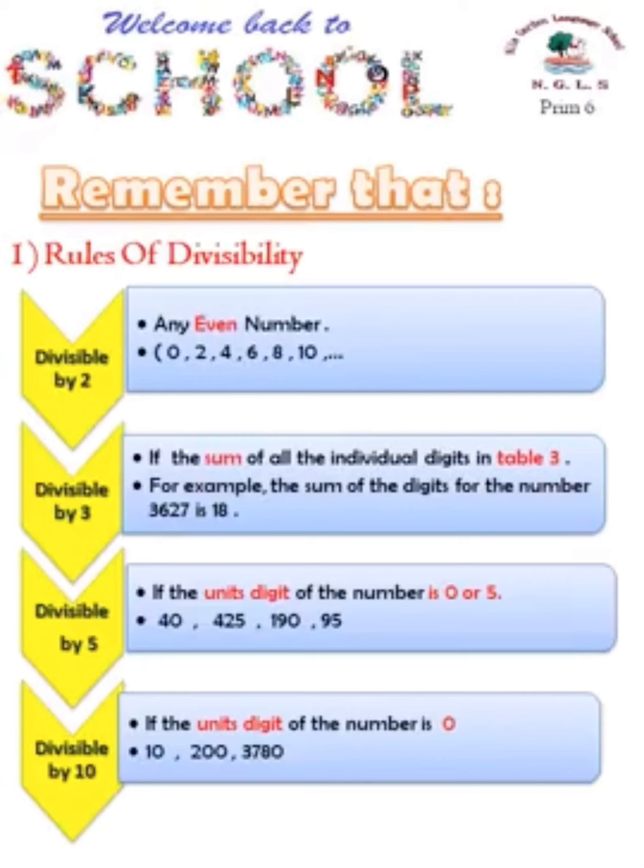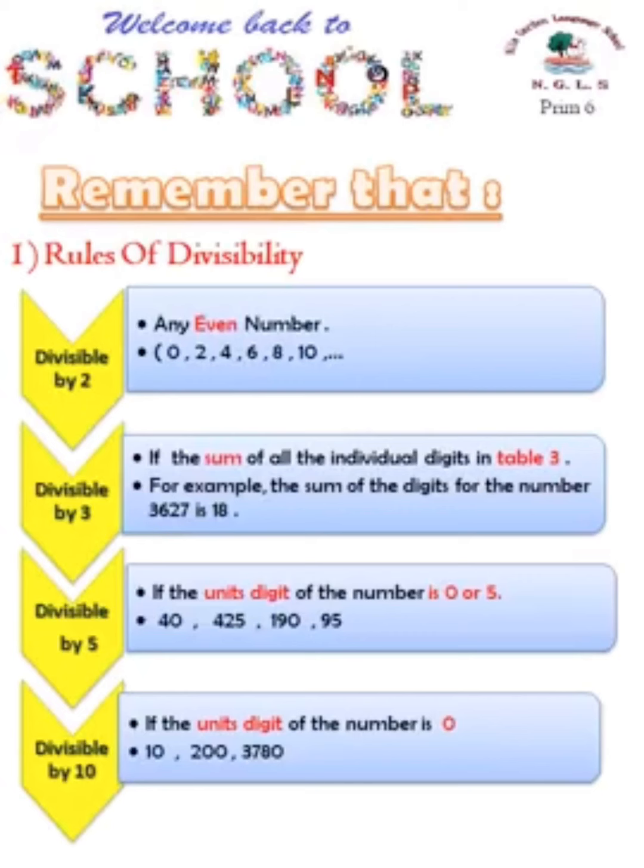Also, for any number, if I add all of its individual digits and the answer is in table 3, then the number is divisible by 3. For example, 3627. If we add all of these digits, 3 plus 6 plus 2 plus 7, the answer will be 18.